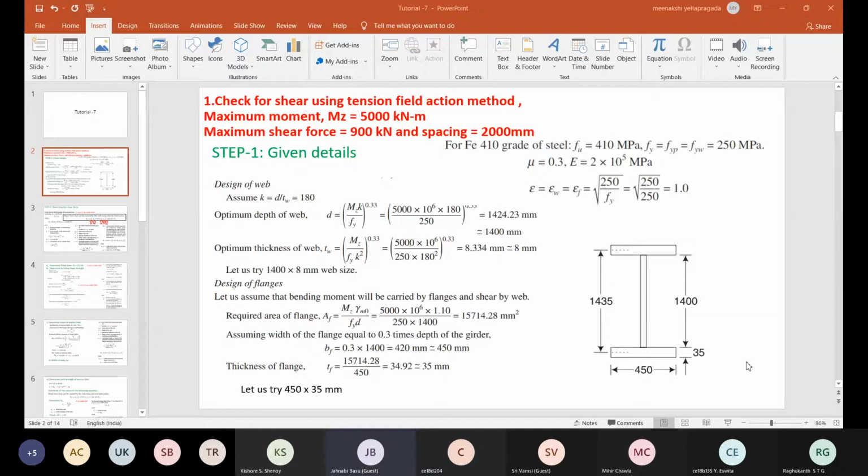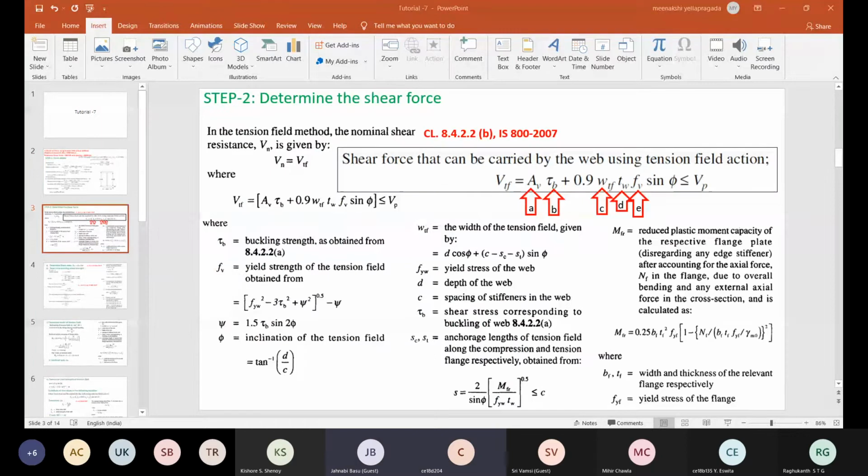You just have to take web as 1400 by 8 mm and flange as 450 by 35 mm. Is this fine? Okay, then we will go to the next step.